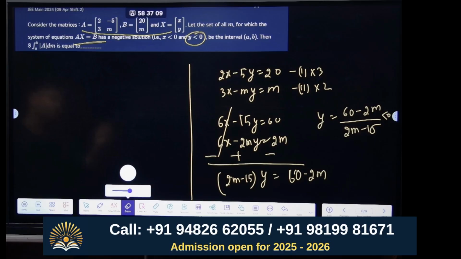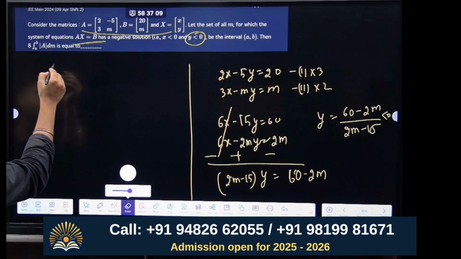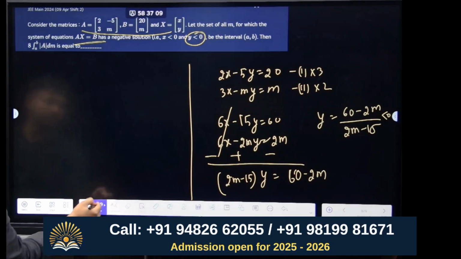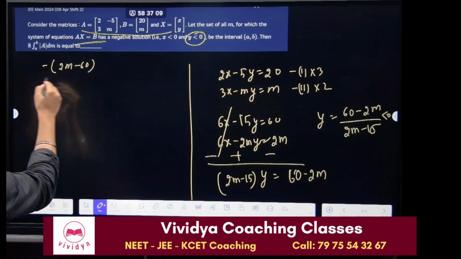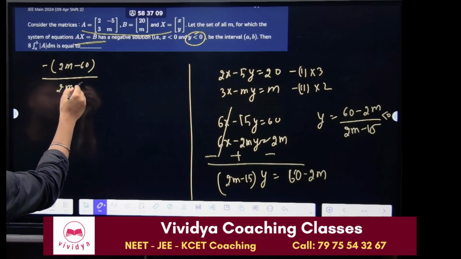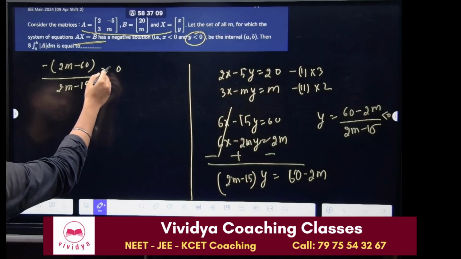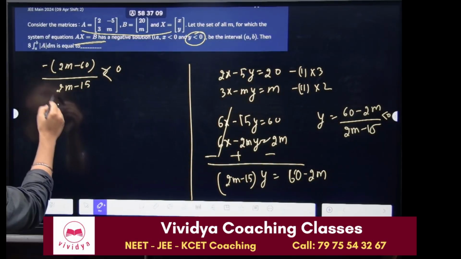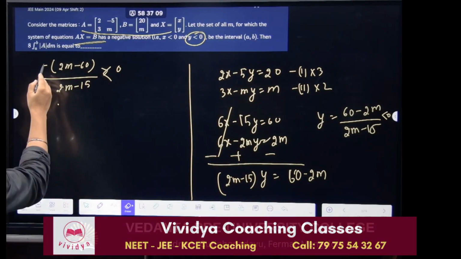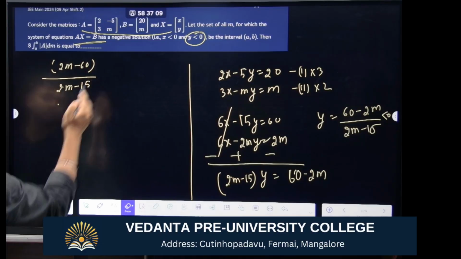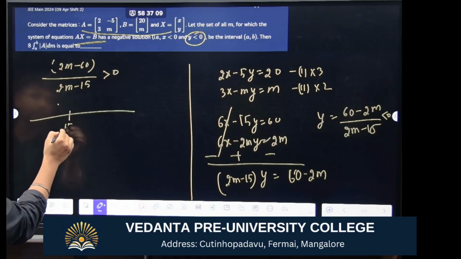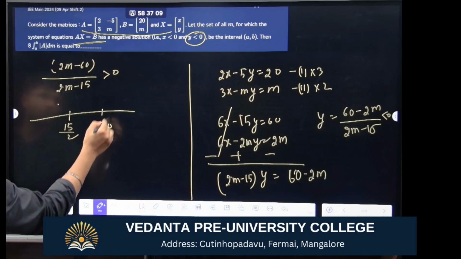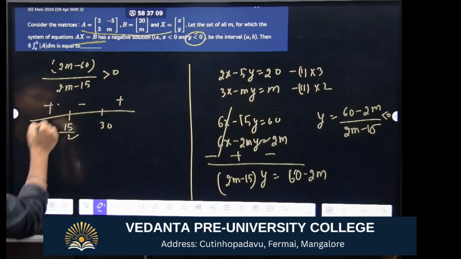I can write this as (2m minus 60) divided by (2m plus 15) less than 0. Since the minus is going to get multiplied, the sign of inequality will change. Now plot on the number line, minus 15 by 2, 30. This is plus, minus, plus, as you all know.